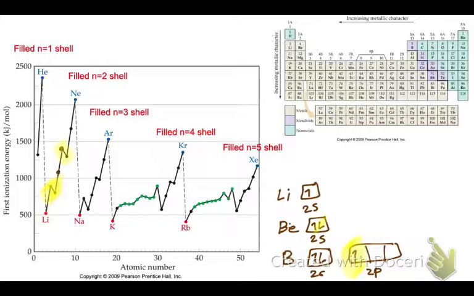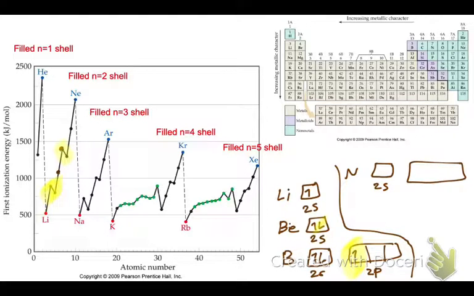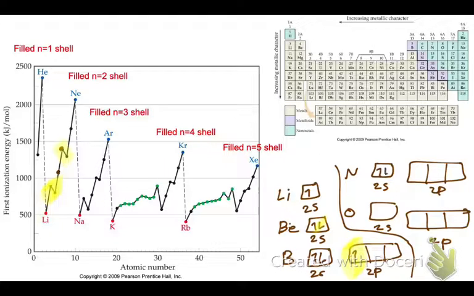The second exception, let's do nitrogen and let's do oxygen. For nitrogen, I have 2s and 2p. And oxygen, I also have 2s and 2p. And for nitrogen, 1, 2, and then 3, 4, 5.